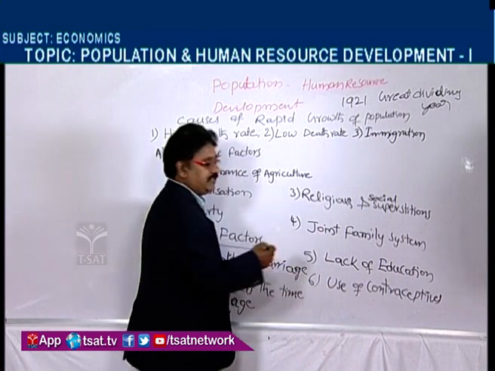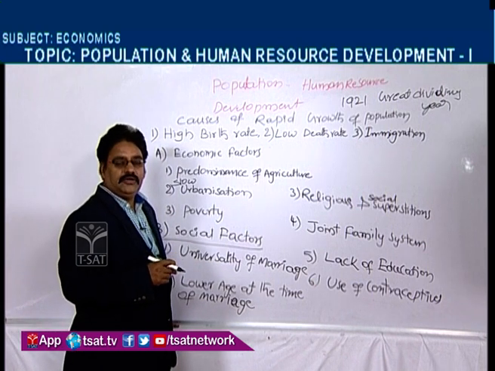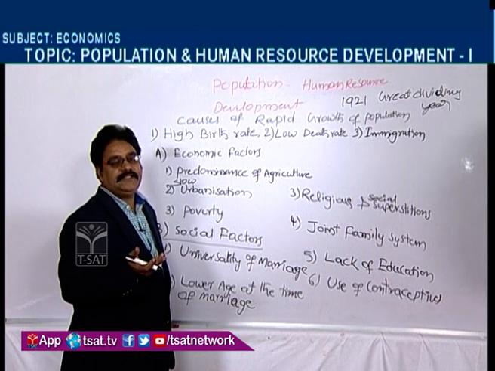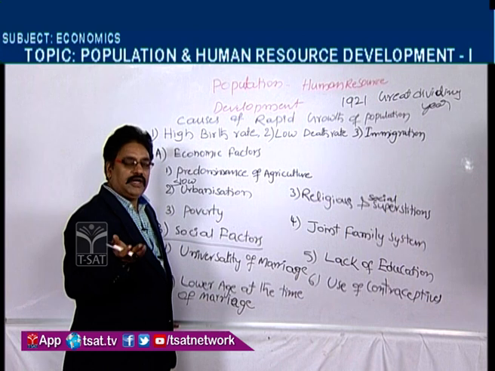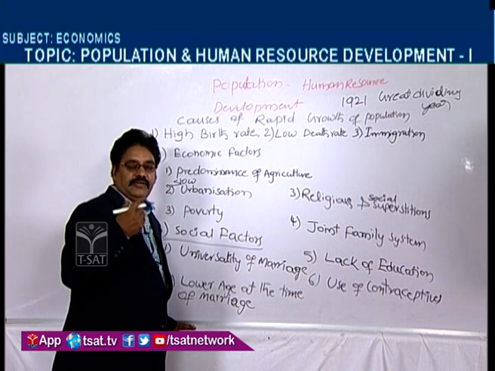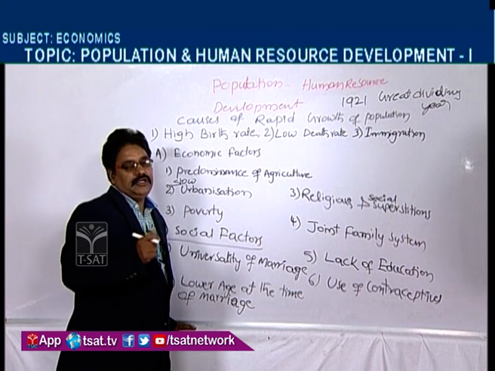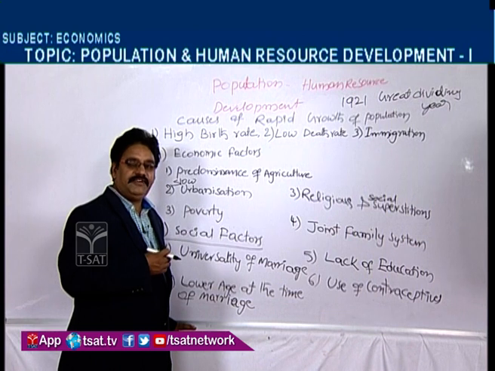And lack of education. If we observe the period of 1950, our literacy was only 18% on average, and even female literacy had not crossed double digits. That is the situation prevailing during the period of 1950.